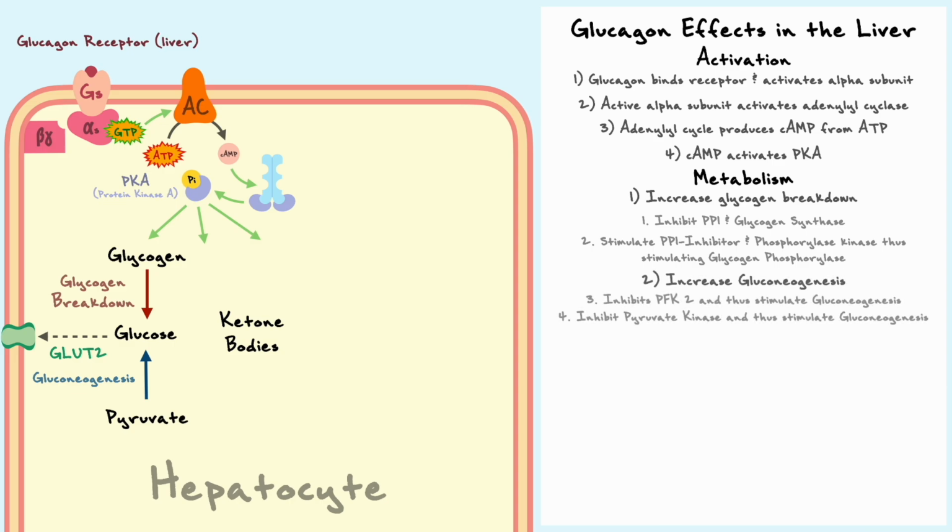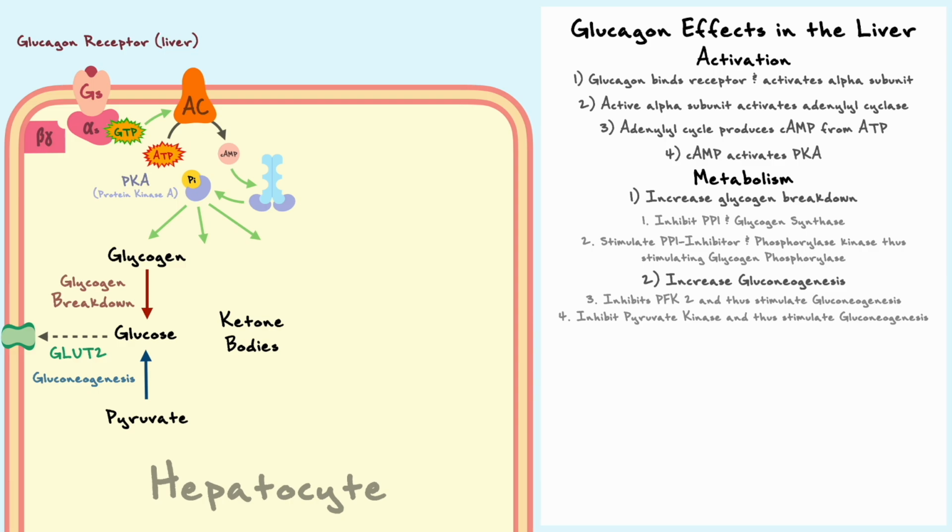In terms of gluconeogenesis, glucagon inhibits both PFK2 and pyruvate kinase, which shuts down glycolysis and thus allows glucose to be remade. Besides pyruvate, the initial substrates for gluconeogenesis can also be lactate, intermediates of the citric acid cycle, and a select few amino acids.